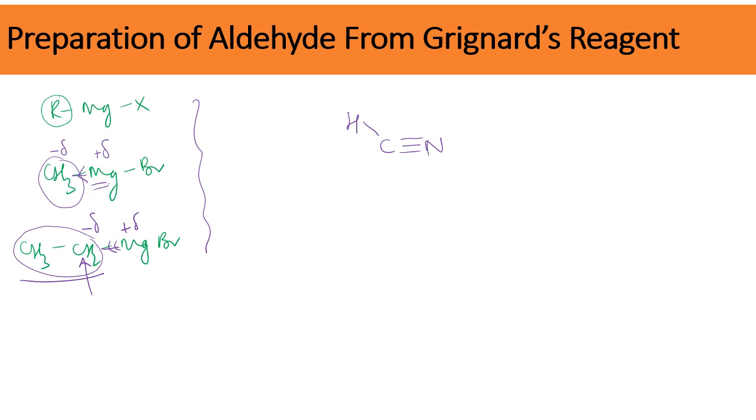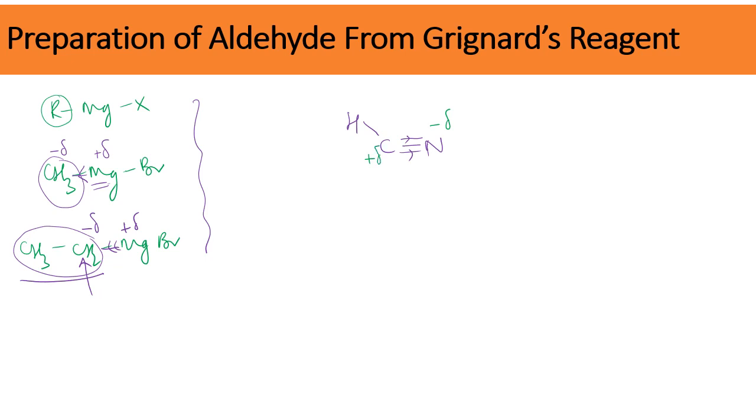HCN is a weak acid, but if you look at the covalent nature of this compound and the electron distribution in this molecule, nitrogen being more electronegative is pulling the electrons towards itself, and because of that nitrogen has a partial minus charge and this carbon has a partial plus charge.